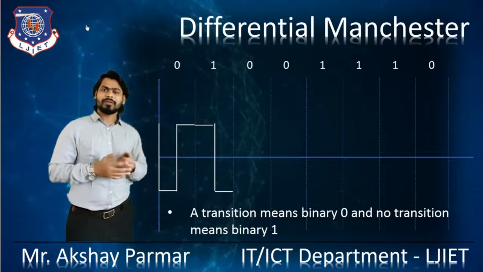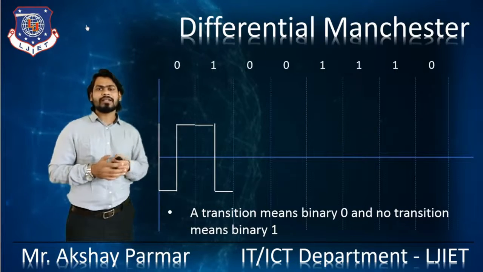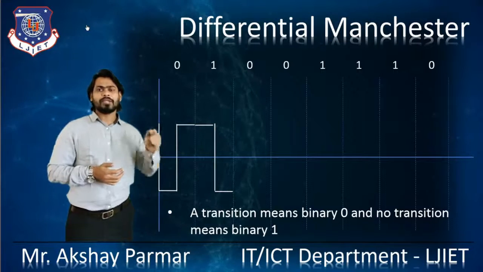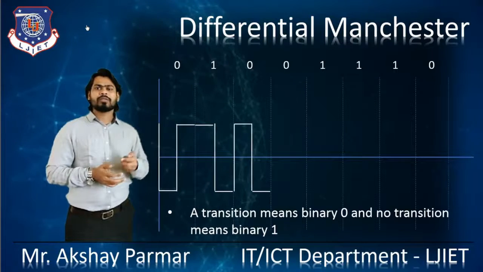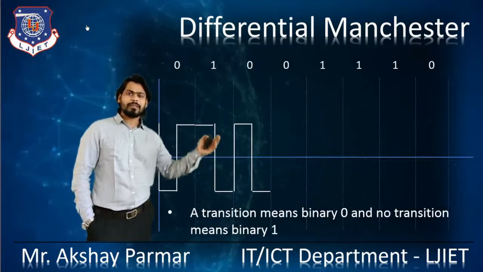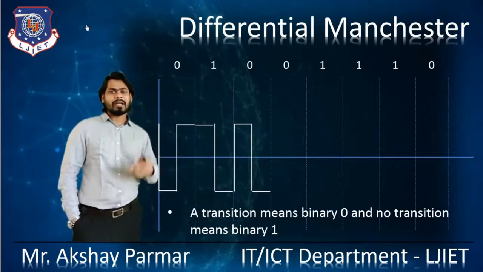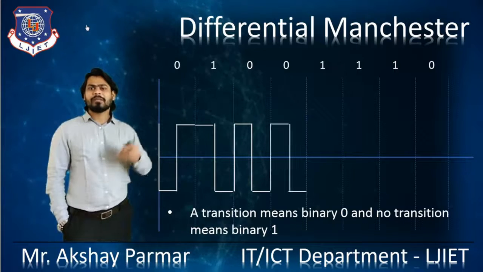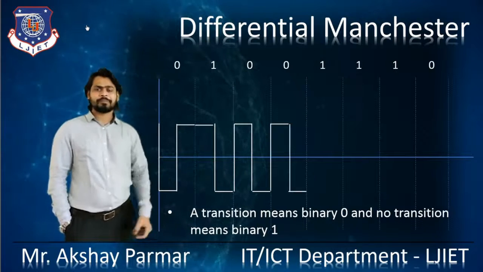After that, the bit 0 is there, so there is no change in the transition. We will follow the previous method, the positive voltage to the negative voltage, to represent the bit 0, right? After that, again the bit 0 is there, so there is no change in the transition. It will be the positive voltage to the negative voltage.